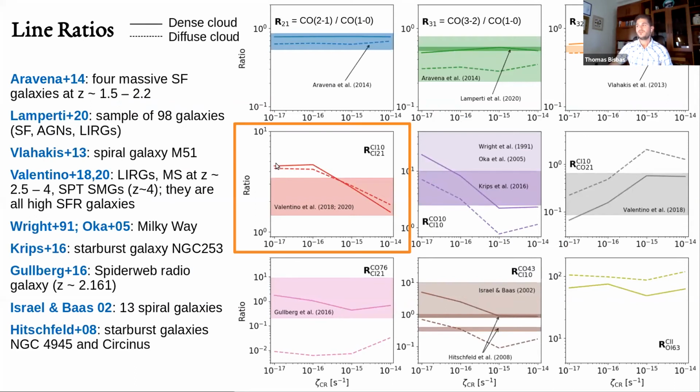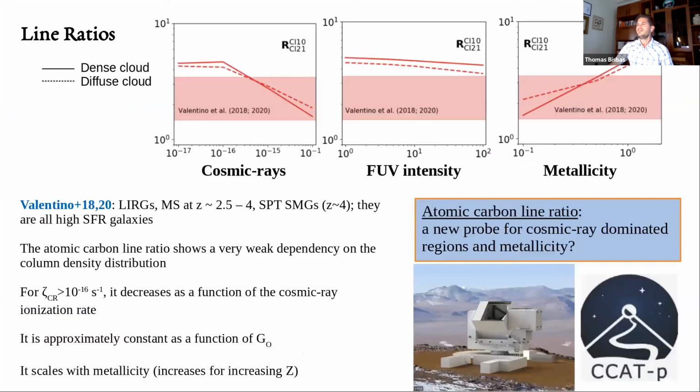I would like only to focus on one of them, which I found quite interesting, which is the atomic carbon line ratio. Again, the solid line is the dense cloud, the dashed line is the diffuse cloud. What we find is that this line ratio is quite sensitive to the cosmic ionization rate and also to metallicity, and not to the FUV intensity, which can be used as a degeneracy breaker if we want to combine it with CO SLEDs and examine more closely the ISM conditions.